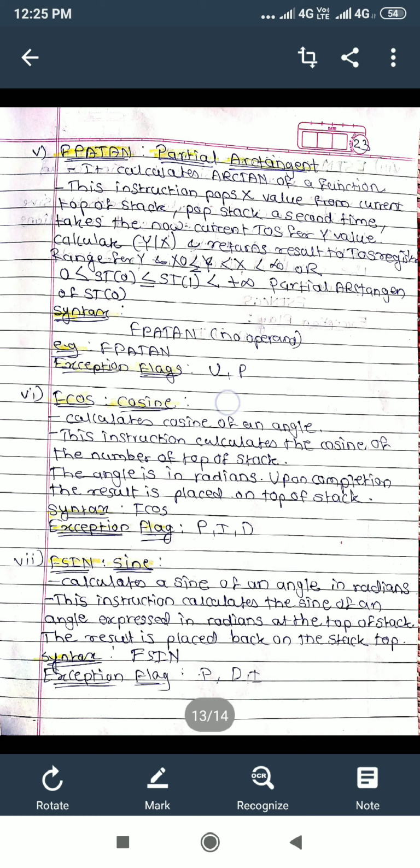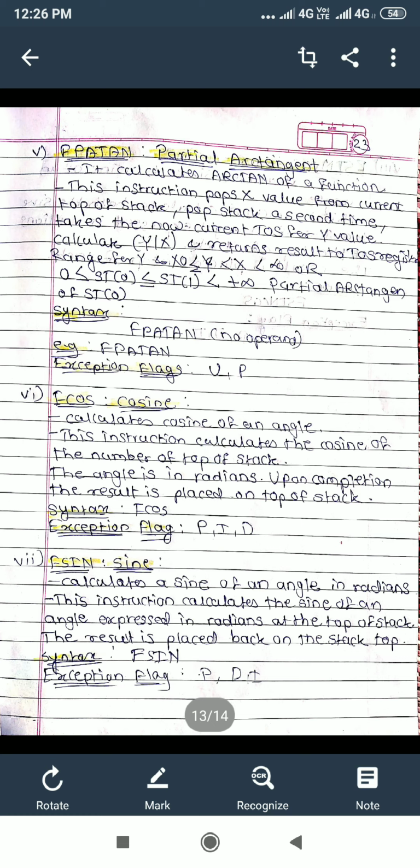Next is your FCOS, that is cosine instruction. This instruction basically calculates the cosine of an angle. This instruction calculates the cosine of the angle at the top of the stack, the number at the top of the stack. The angle is in radians.